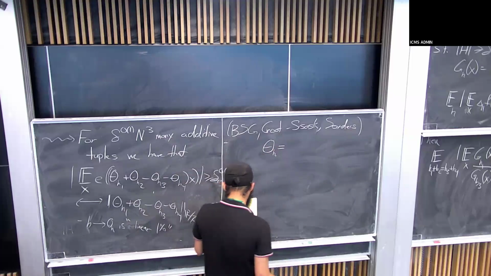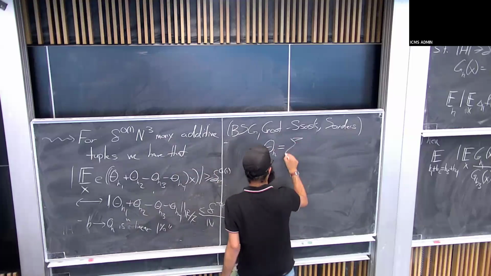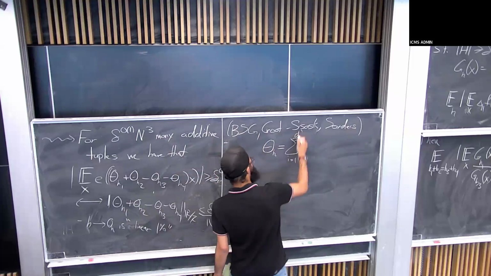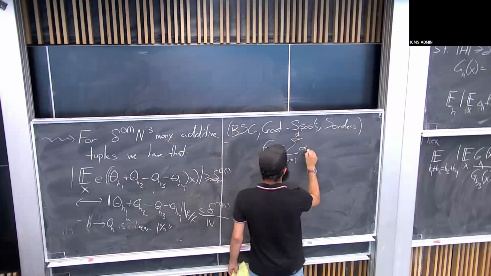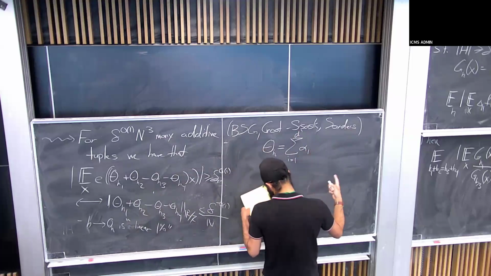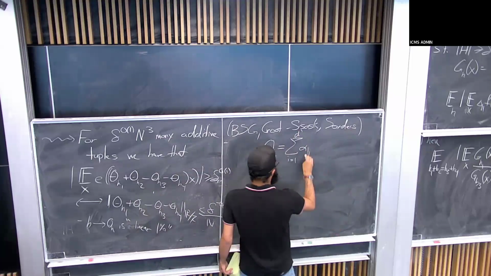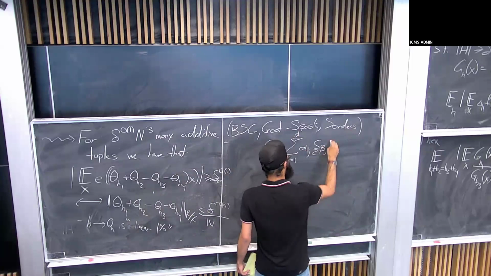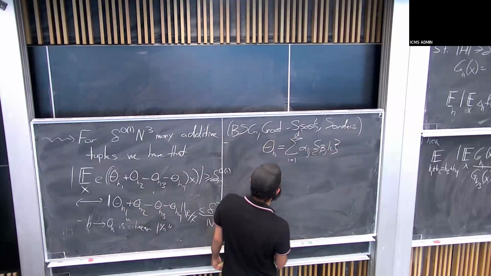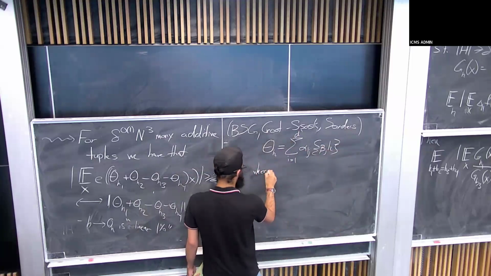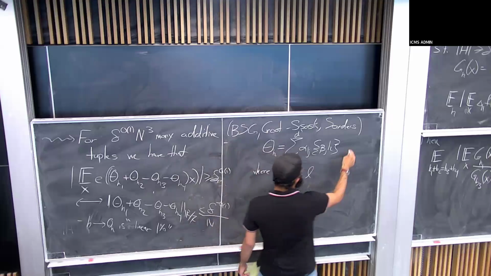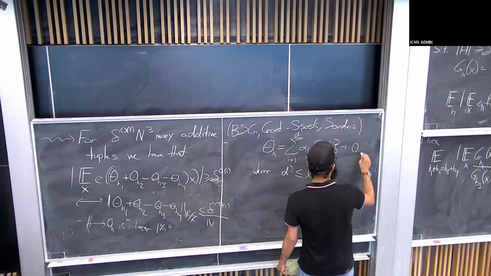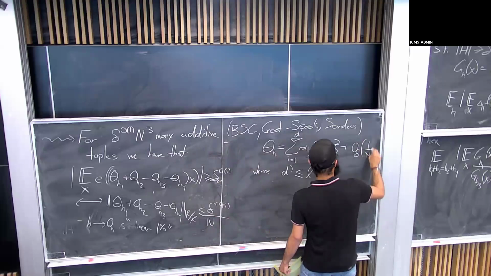So a morally equivalent, I think actually equivalent statement probably is that you get that theta h is equal to a sum of alpha j plus theta j h, where there's some error term here in terms of delta, which I'm not going to write.